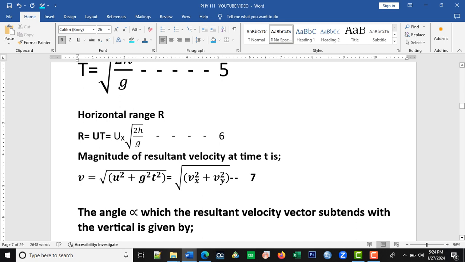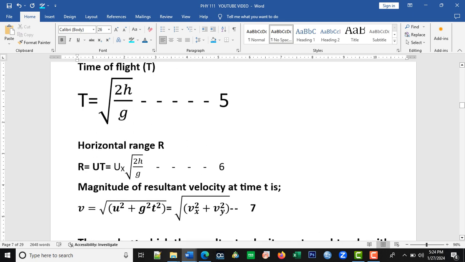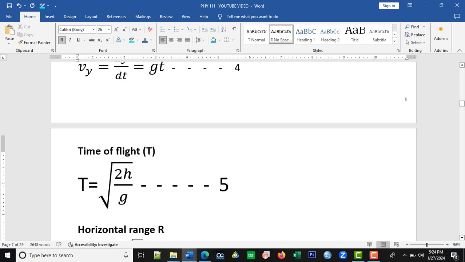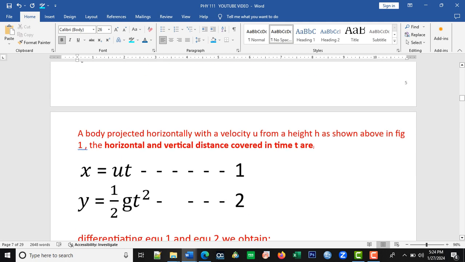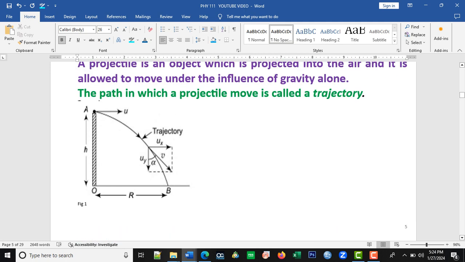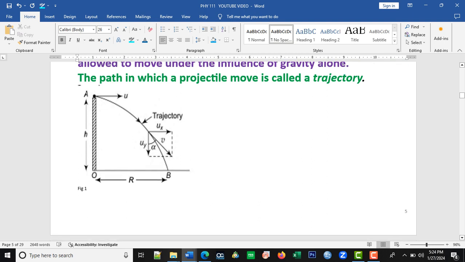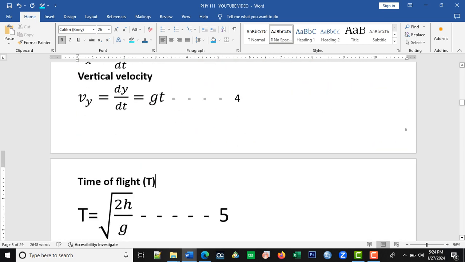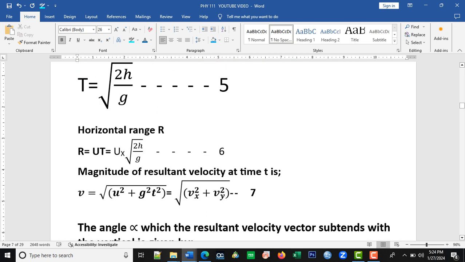Okay, so the range is the horizontal distance from where the projectile is projected to where it falls to the ground. Again, look at this figure here, you can see R. This represents the range. So the range is equal to ut.